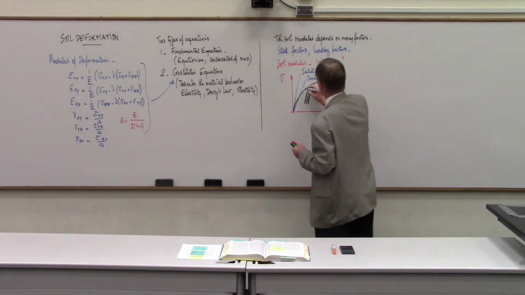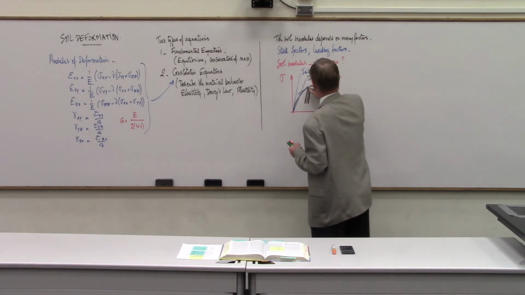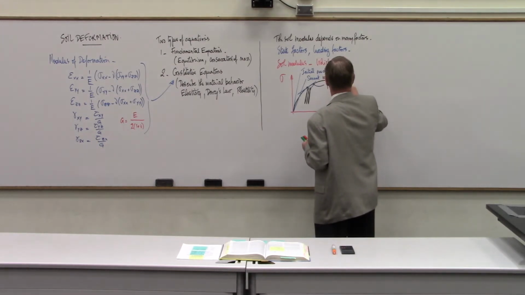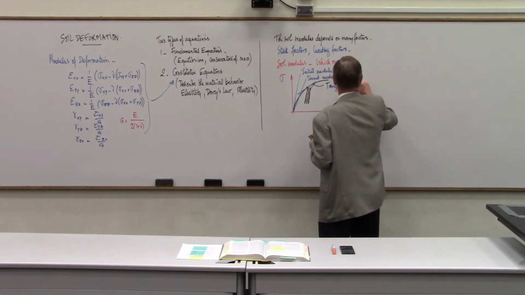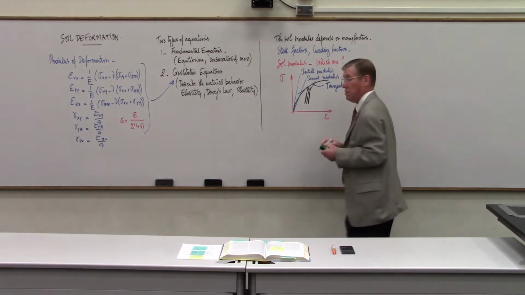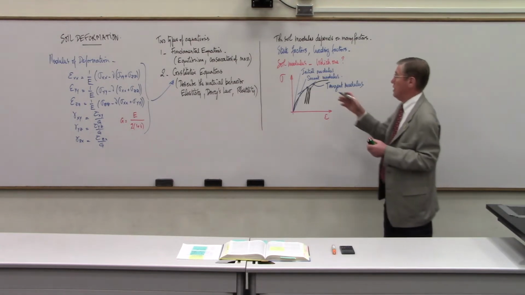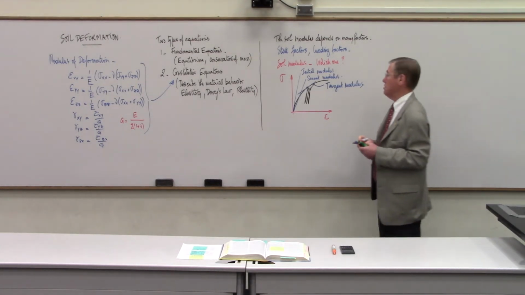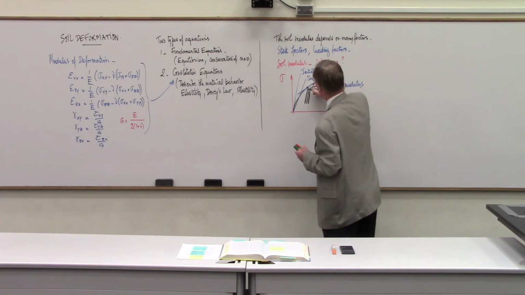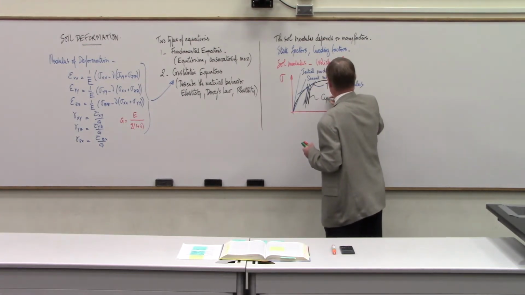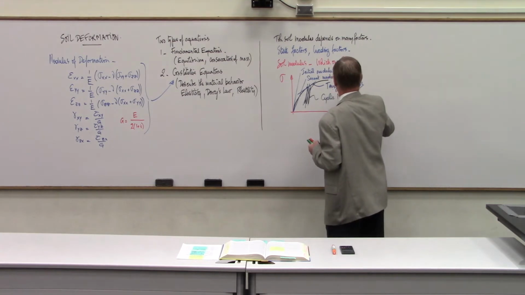Then we have another one that would be what we call a tangent modulus. This one would be associated with the slope that is tangent to the stress-strain curve at some point along the loading process. And then you have the unloading modulus, you have the reloading modulus, you have the loop of the cycle. These are cyclic moduli.